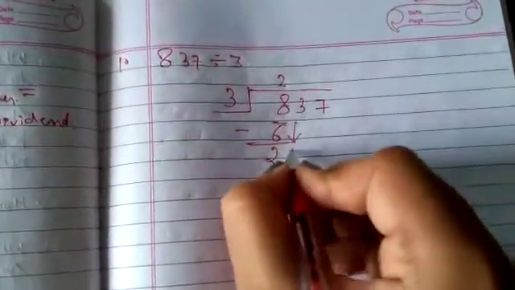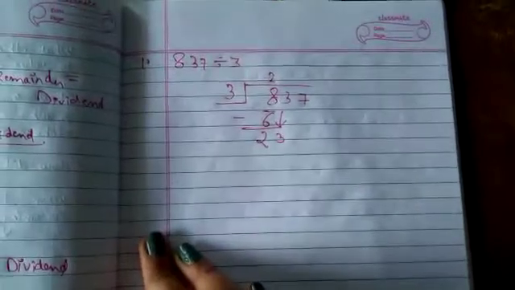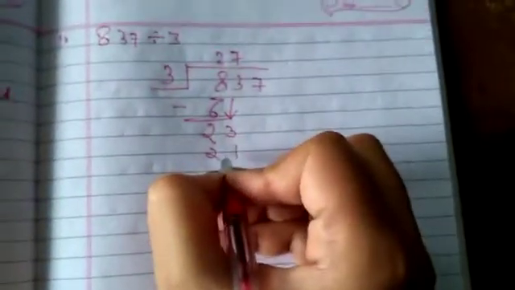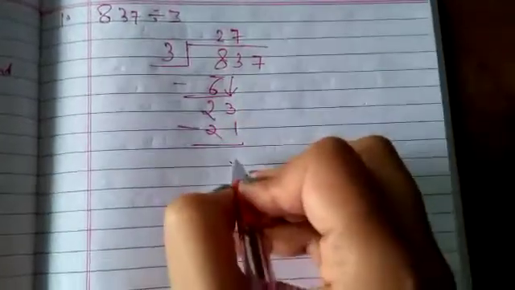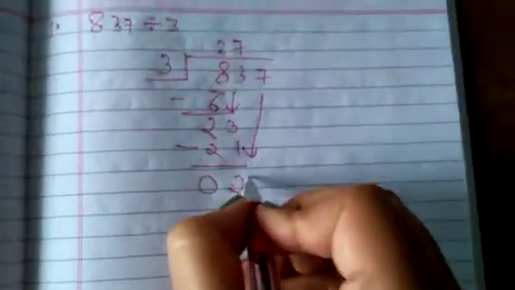Then we will put 3 down. 3 sevens are 21. Again subtract, we get 2 as a remainder. Then we put 7 down, 3 nines are 27. So the remainder will be 0.